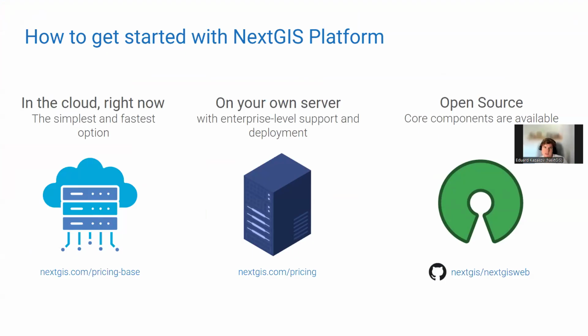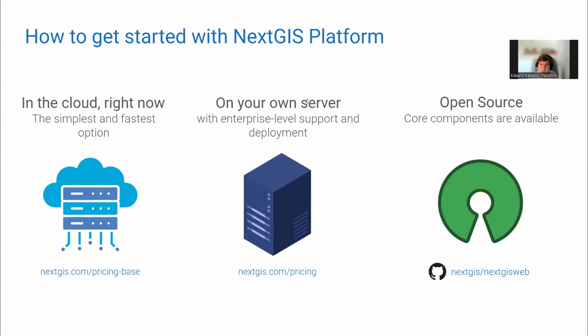Last slide is how to get started with the NextGIS platform. Today I've been using this free cloud tier available for any one of you, so you can create a free account and try all this stuff without any problems. You can also take a look at our on-premise licenses. So everything is deployable on your own server.